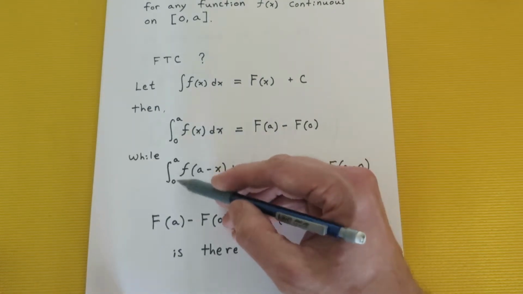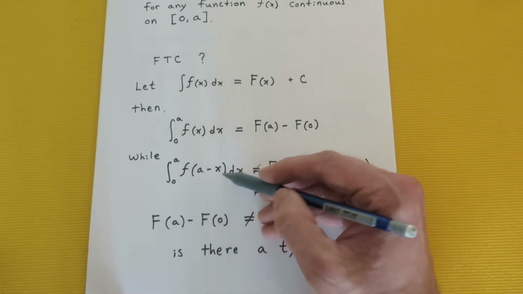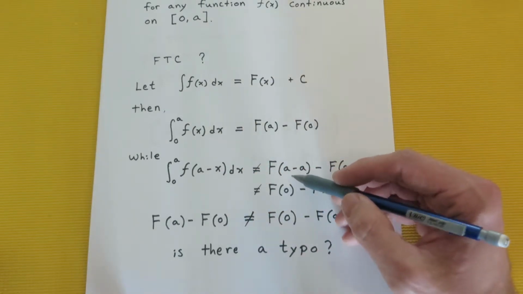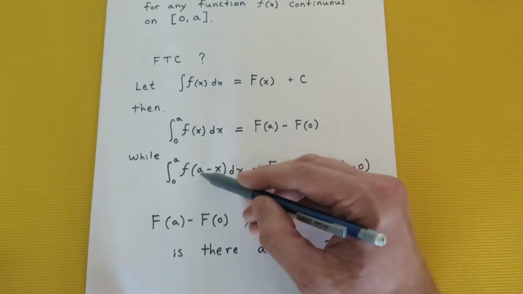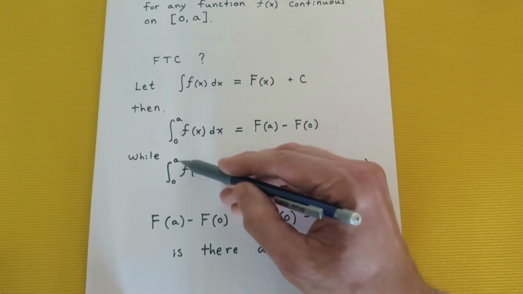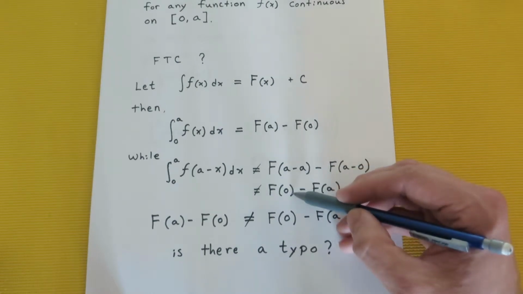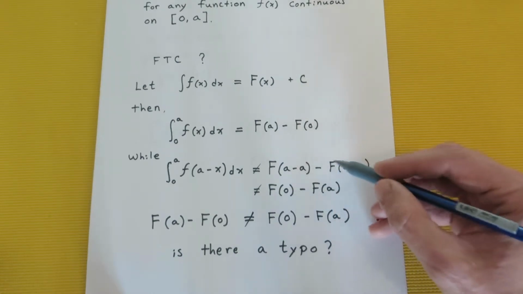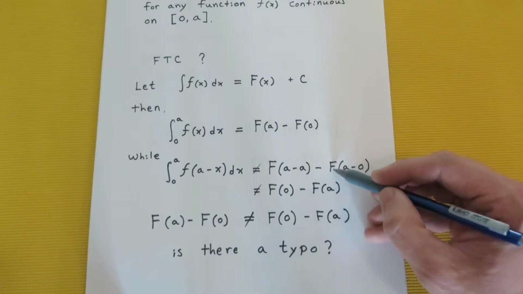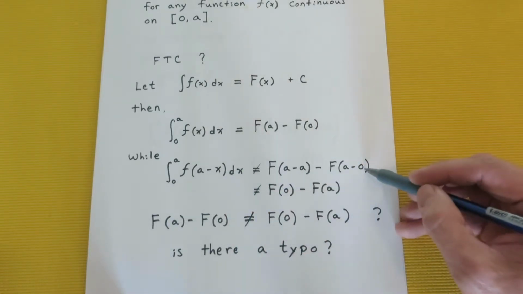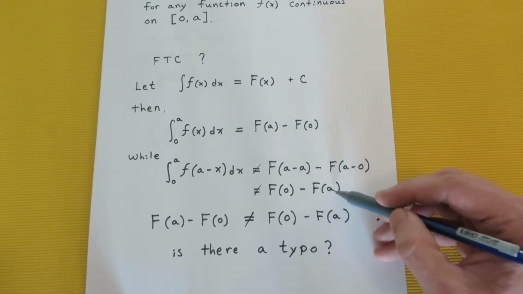If you try just plugging your a and your 0 into your a minus x function here, what you get is big F of a minus a. If x were a, that would be a minus a, which gives us big F of 0. And that would be minus big F of a minus 0, which would just give us big F of a.